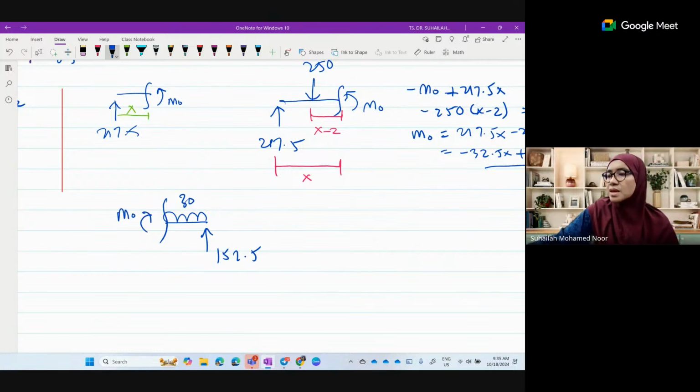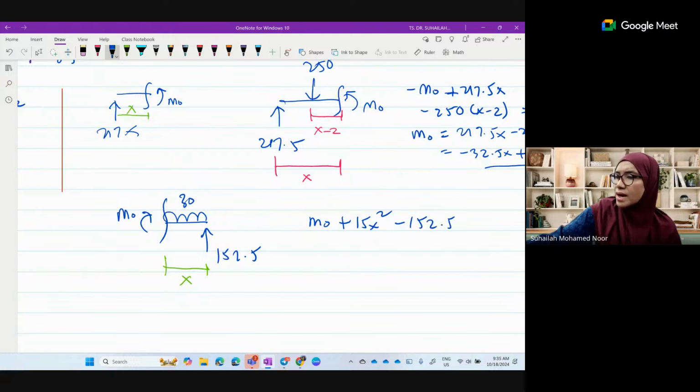This is M naught, and the distance is X. So M naught plus 15X squared minus 152.5X. So M naught equals 152.5X minus 15X squared.